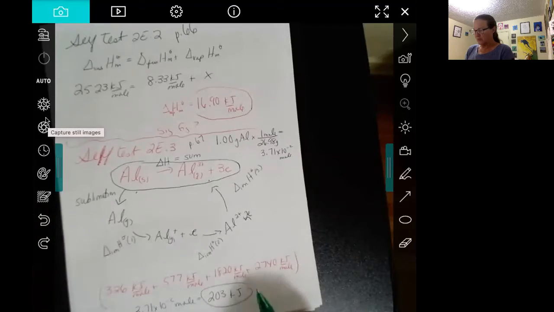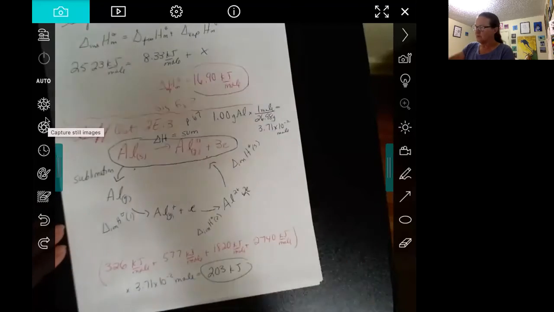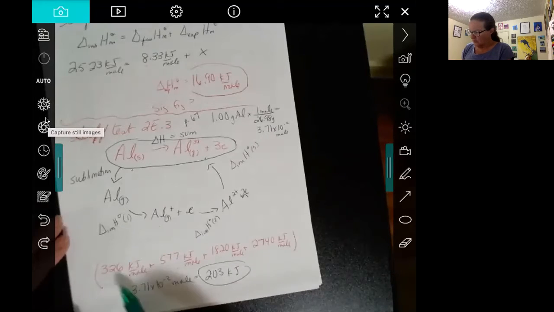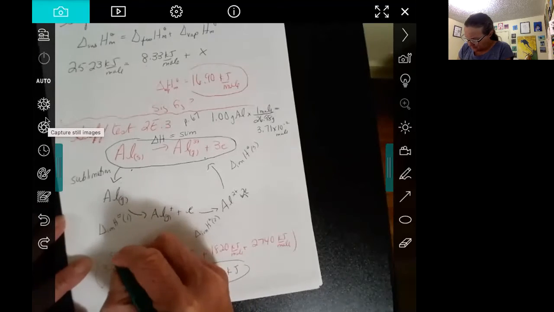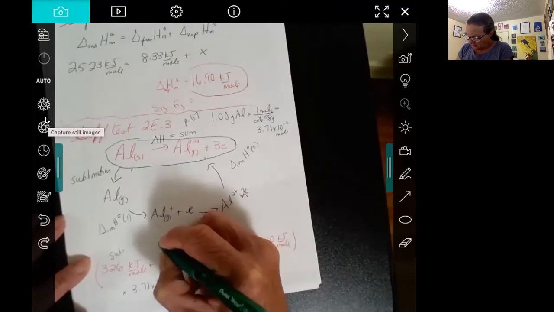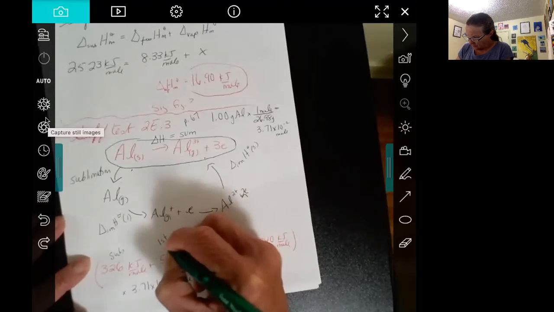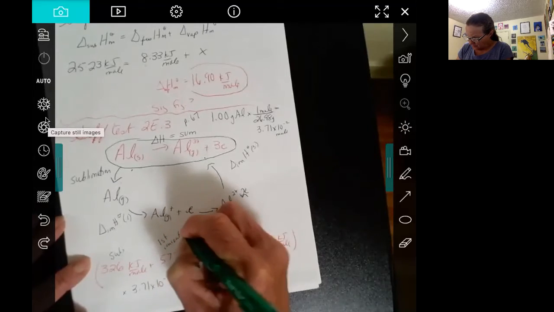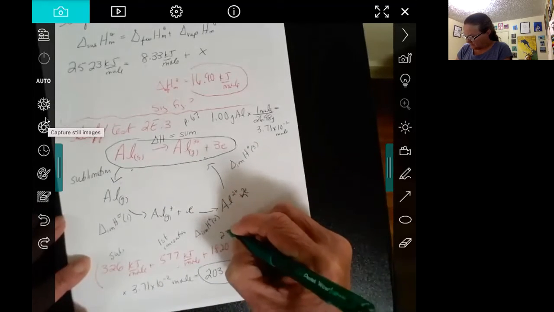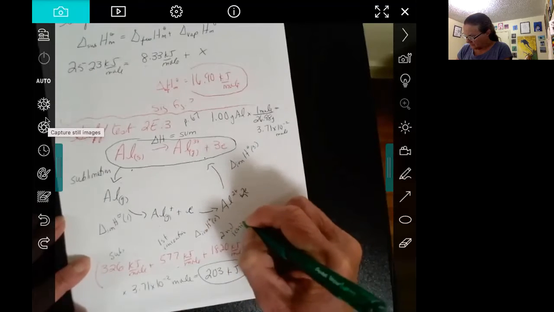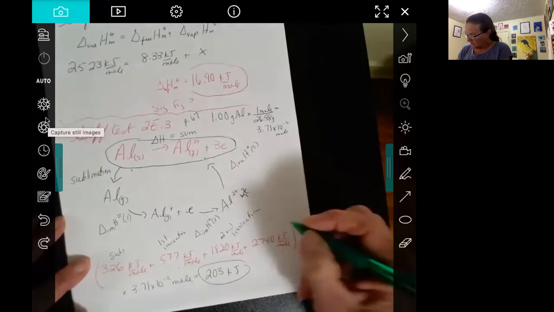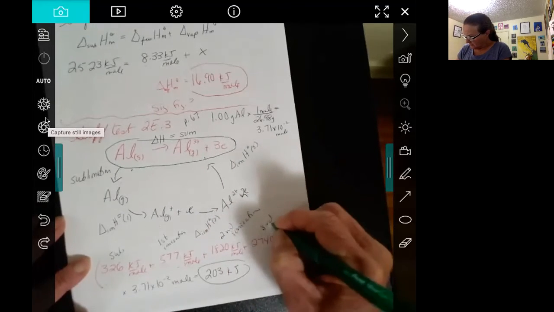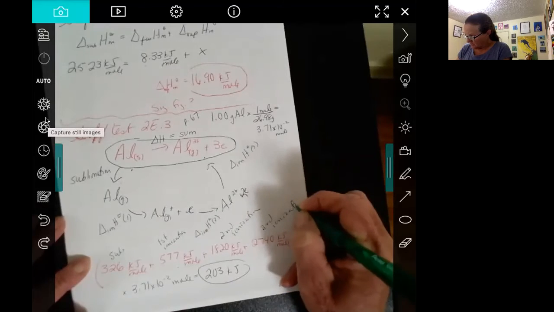You take more and more electrons off, it gets harder and harder to do. So sublimation, first ionization, second ionization, and third ionization.